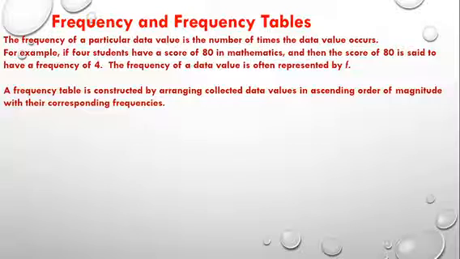If you have a list, assume that you have a list of 10 or let's say 20, 30 numbers, it's more difficult to read such compared to if you have it in a table that makes it kind of easy, so that at once, at a glance, you are able to see all the information that you need concerning that particular data value. So there has to be an order, and the order that is most preferable is an ascending order. You start from the lowest value and then you graduate it up to the highest value.